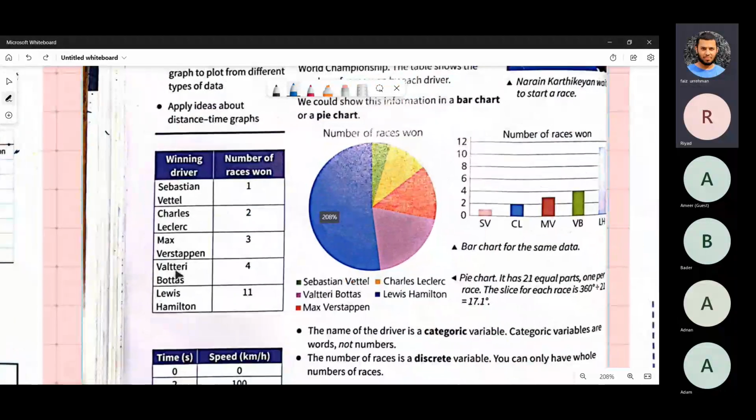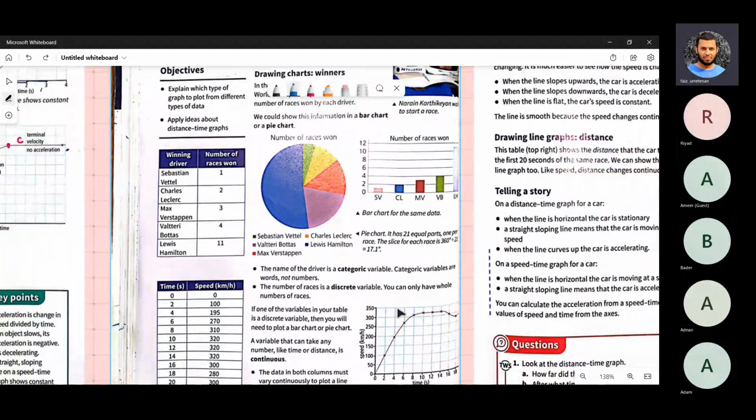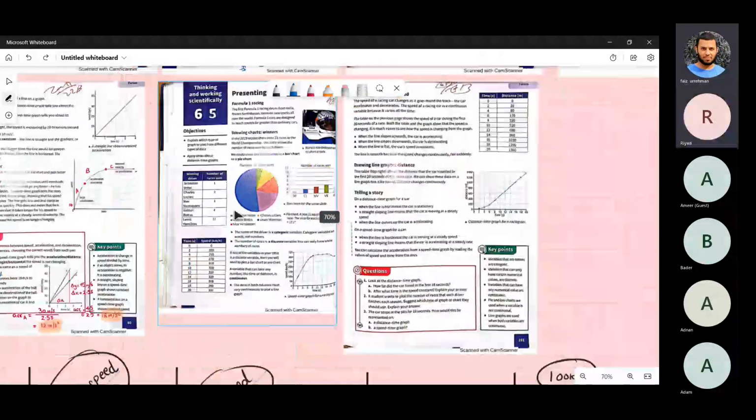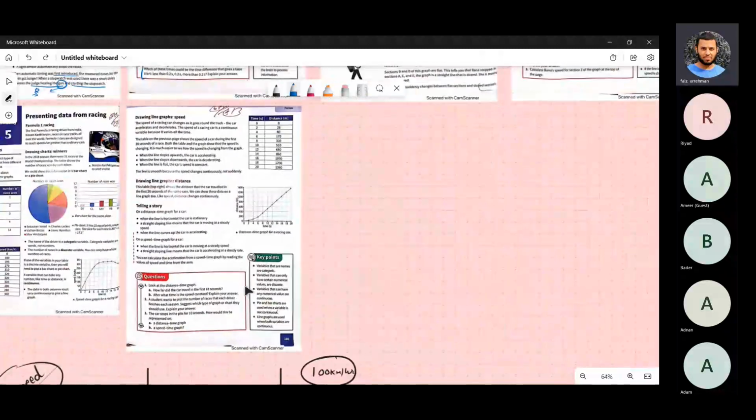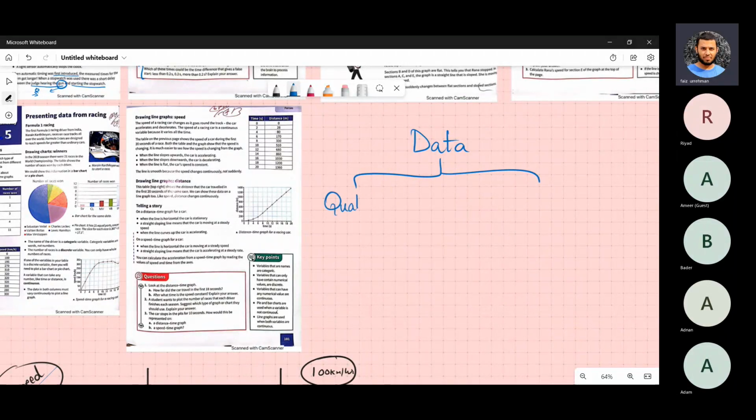Now, data is of two types: qualitative and quantitative. Yes, good.